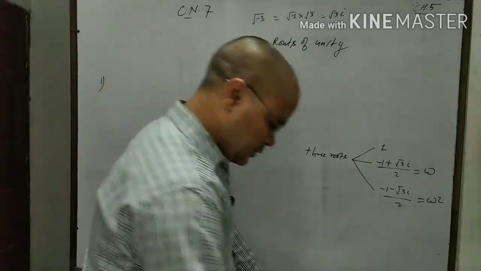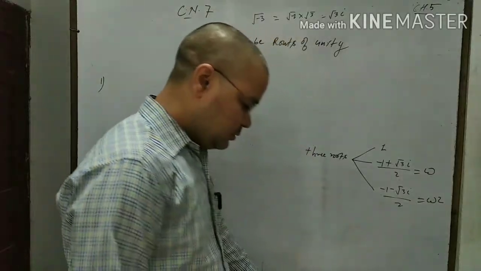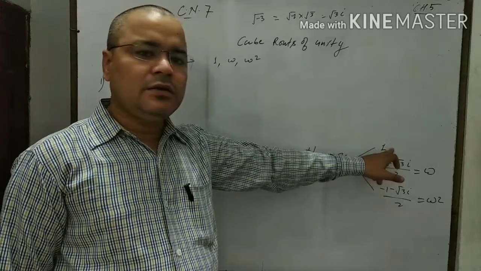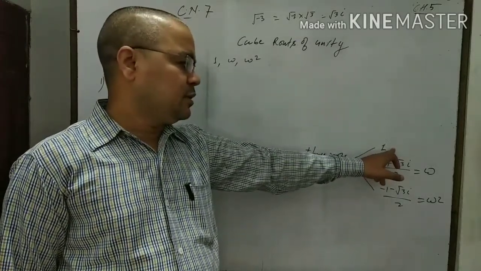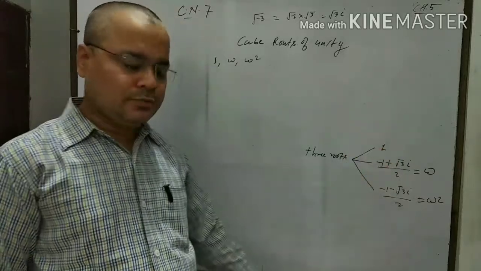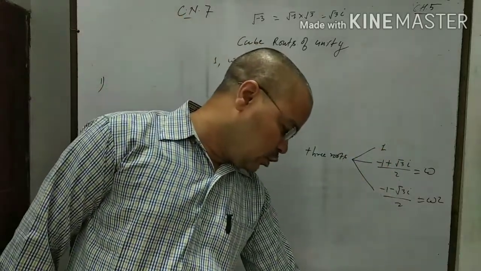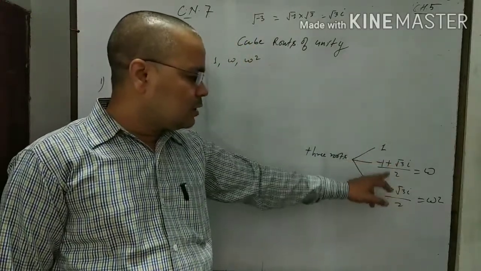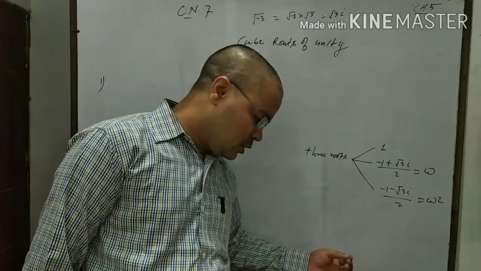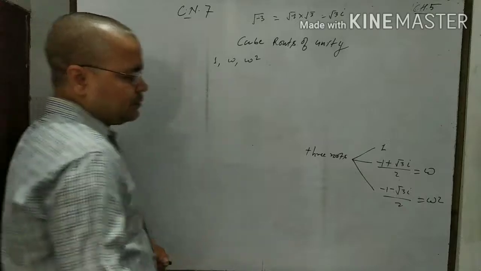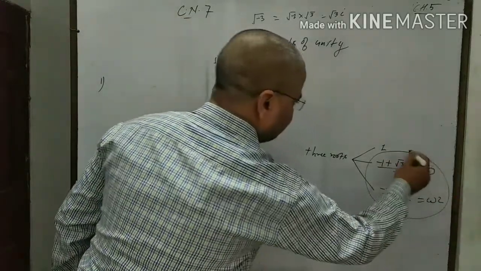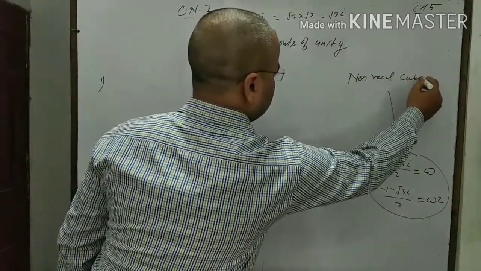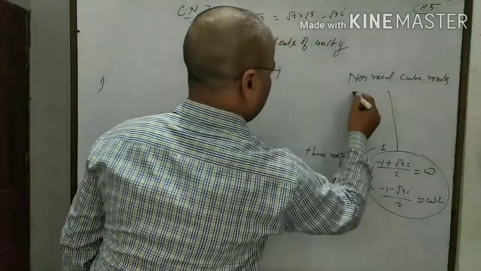The first property is that each non-real cube root of unity... Here 1 is the real cube root of unity, and these two are the non-real cube roots of unity.